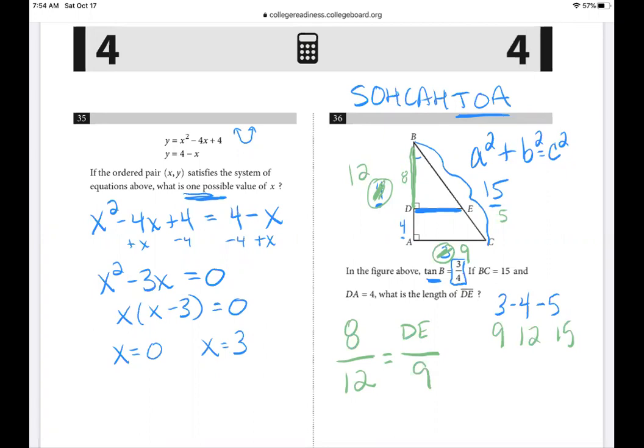So I can just look at that and say, okay, I know 8/12 reduces to 2/3. So what over 9 reduces to 2/3? It has to be 6. Or you could easily cross multiply to get it that way as well. So the length of DE would be 6, and you would just grid in 6 for that one.